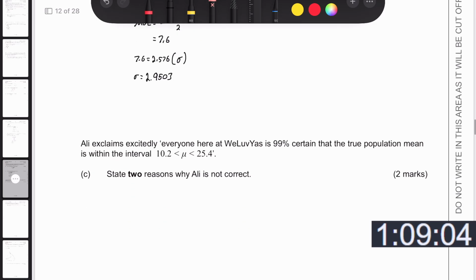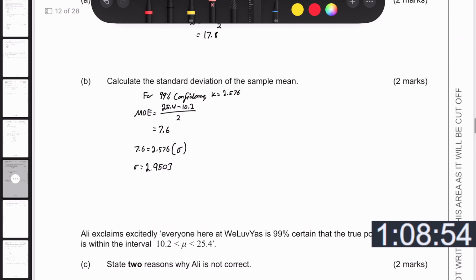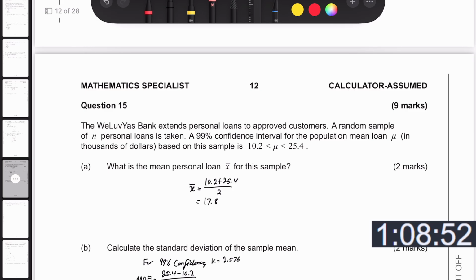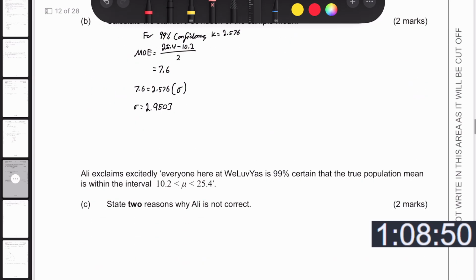Okay, Ali exclaims excitedly, everyone here is 99% certain that the true population mean is within this. Everyone here. Ali is not correct. It's 99% certain.